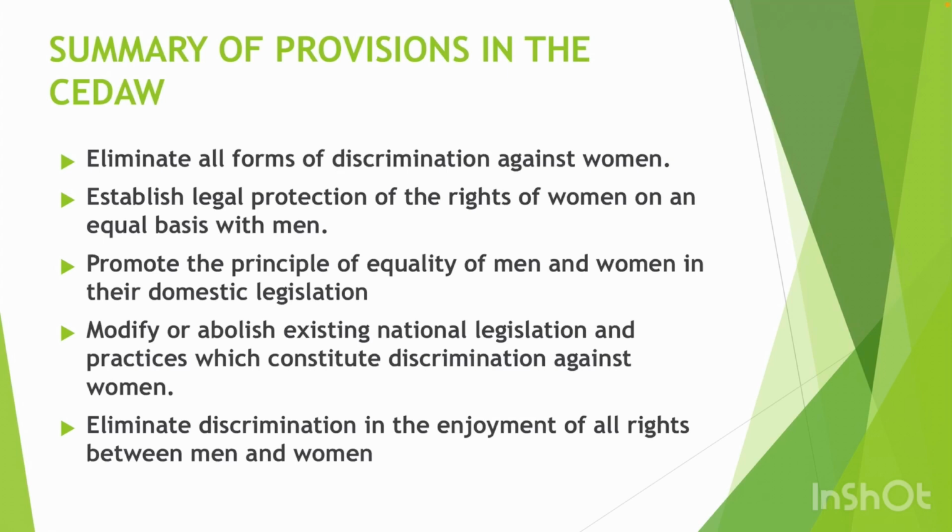And lastly, eliminate discrimination in the enjoyment of all rights between men and women. So these are just provisions, more like things that you can find in this document that talks about women's rights. That's all. Very simple and straightforward.